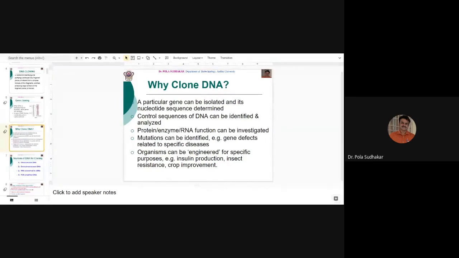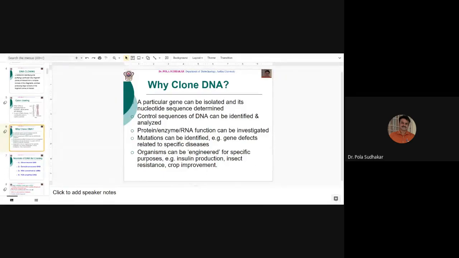Such as in medical biotechnology, we can produce medical treatment proteins, vaccines, and biopharmaceuticals, for example insulin.